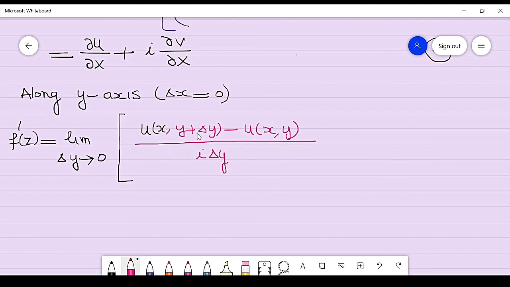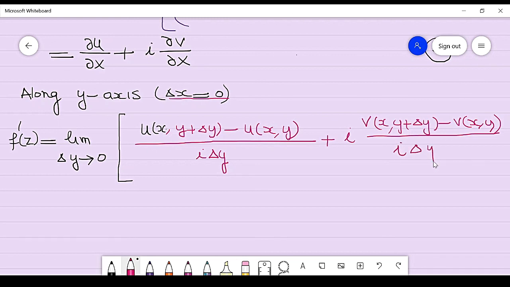Since delta x is 0, using this concept, it will be this value plus iota times v(x, y plus delta y) minus v(x, y), over iota into delta y. This iota is cancelled with this iota.